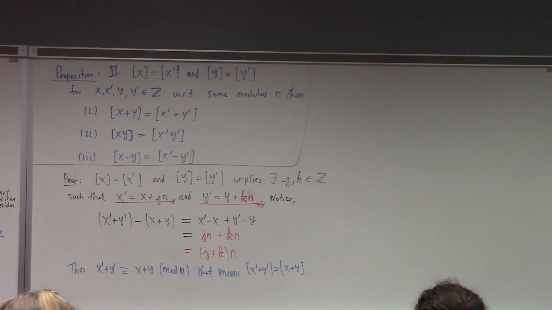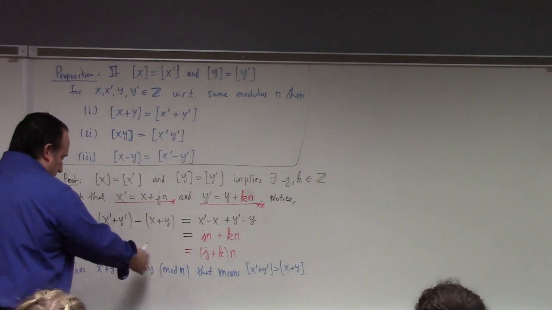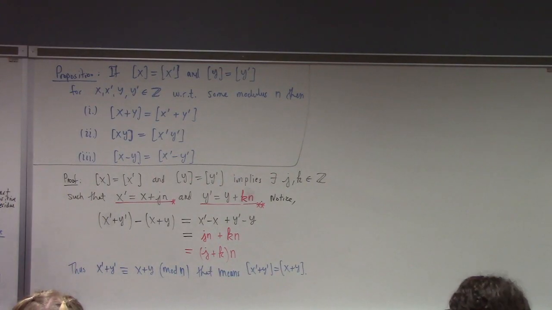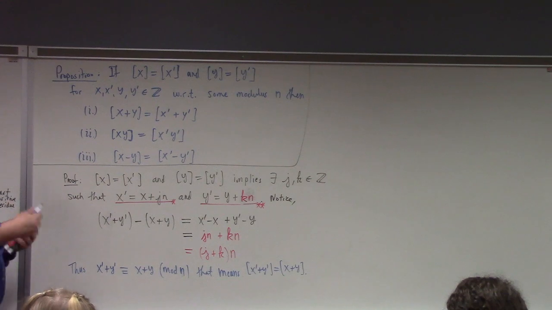Because this means that the difference of these two quantities is divisible by n, right? Which is to say that they're equivalent modulo n, keeping the remainder on division by n.